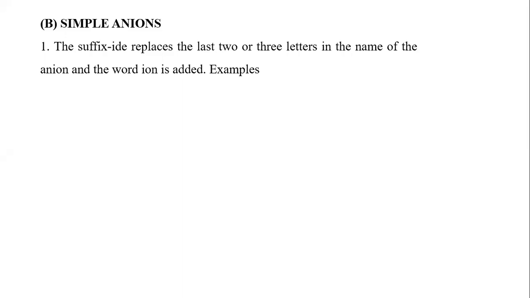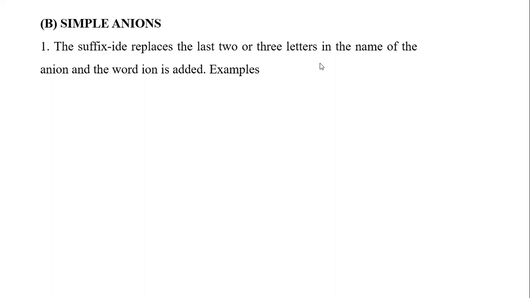The suffix IDE replaces the last 2 or 3 letters in the name of the anion, and the word ion is added. Suffix, prefix. You remember those two words, right? Prefix are letters, or groups of alphabets, that are added before a word. They come before a word.